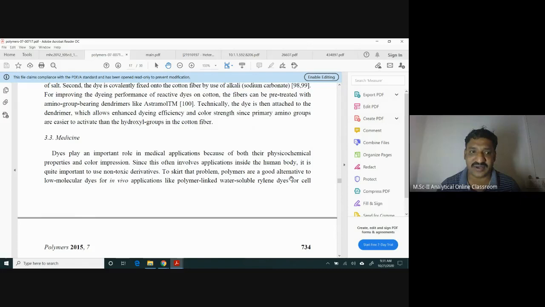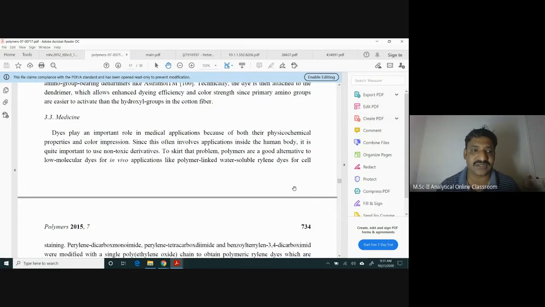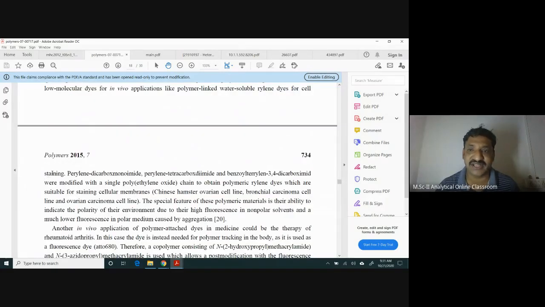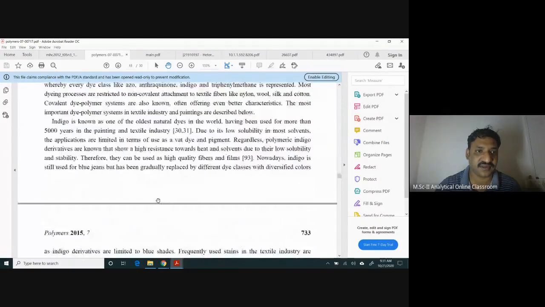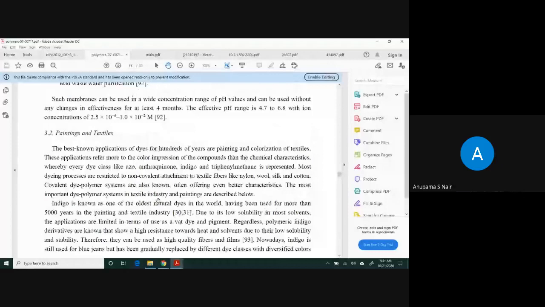Polymers are a good alternative to low molecular dyes for in vivo applications like polymer-linked water soluble dyes for cell staining. So cell staining is an important application. Then in this way, when you read all that PDF, you have to prepare your micro notes. Okay, is it possible? Yes, sir.